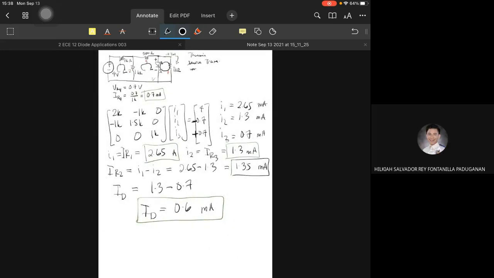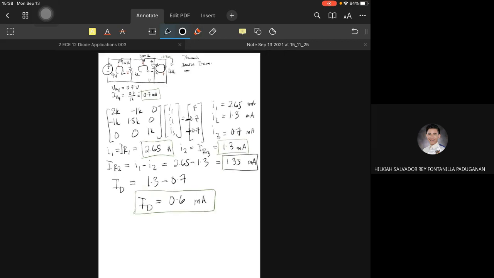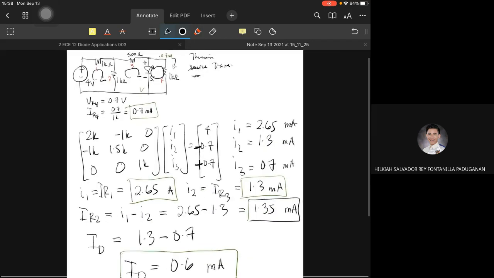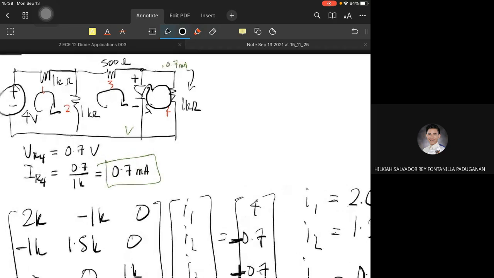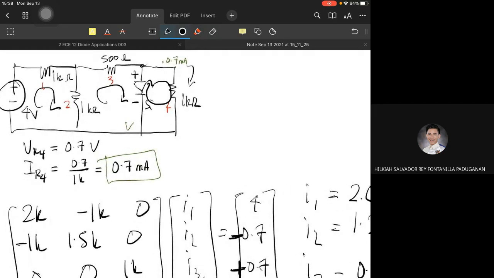Pareha na, sir. Kaya na. Tanaw po niya. Kasi nakatry og source transformation eh. Mas para sa ko masayon eh kung source transformation. So, I equals to V over R kani mahimunig.